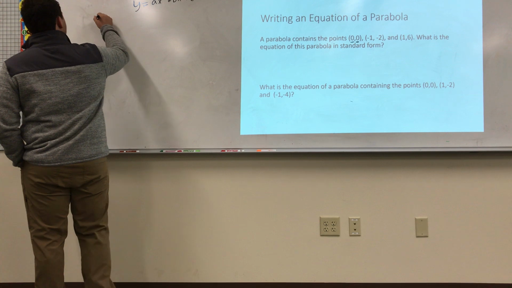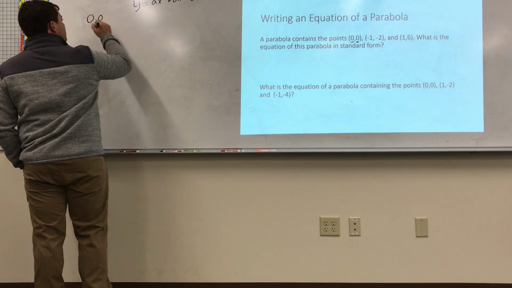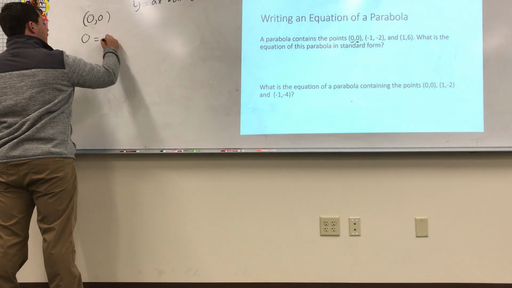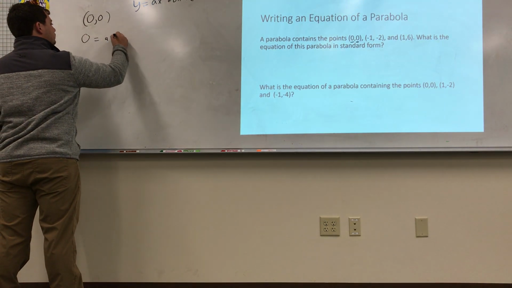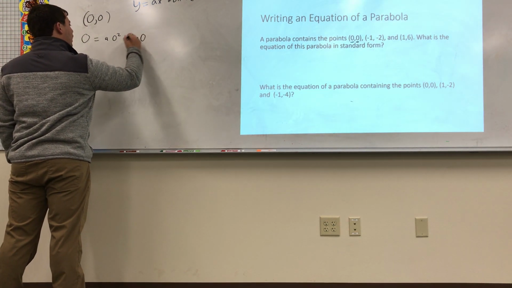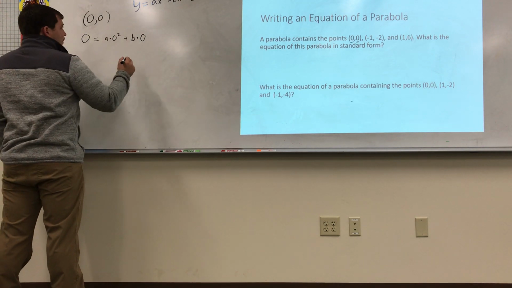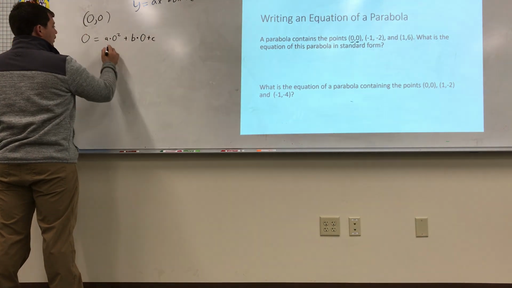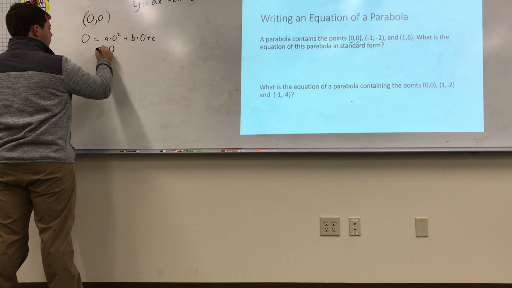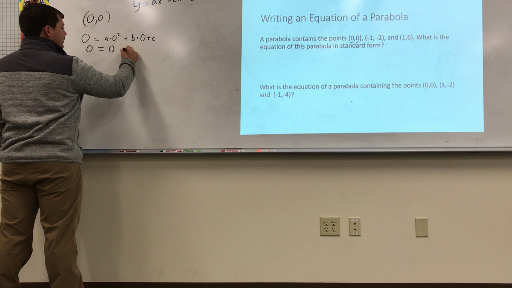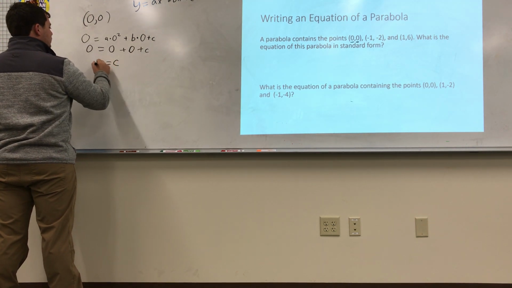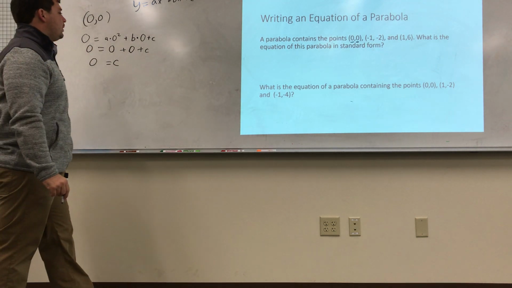At (0, 0), y is 0 and x is 0. So 0 squared is 0 times a, which is 0. b times 0 is 0. So c equals 0.